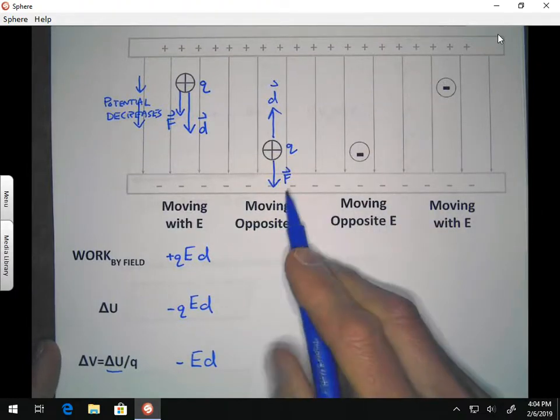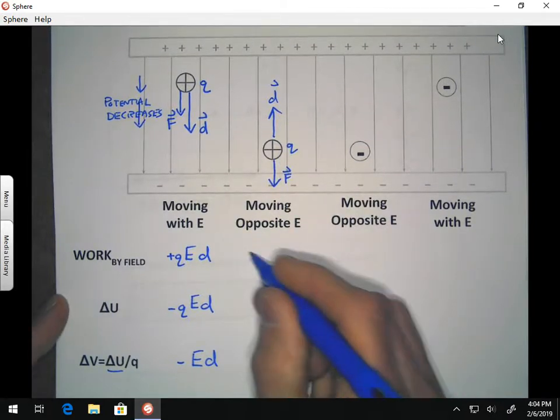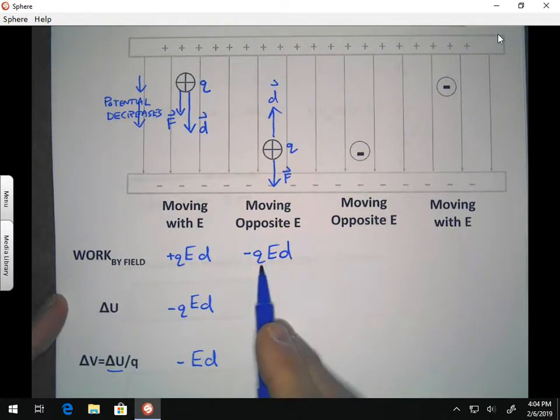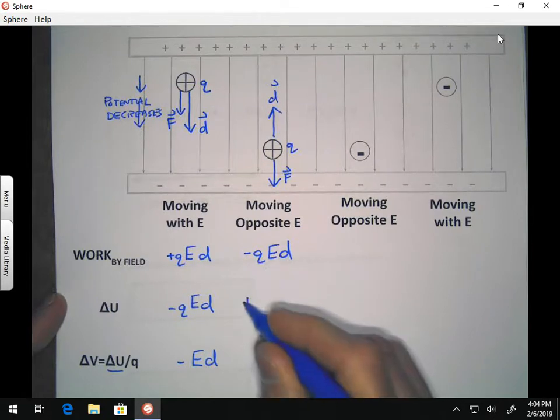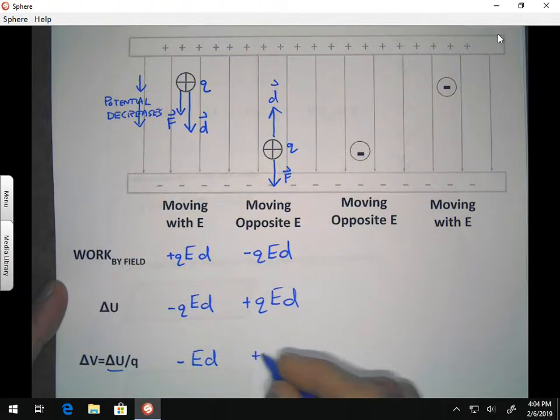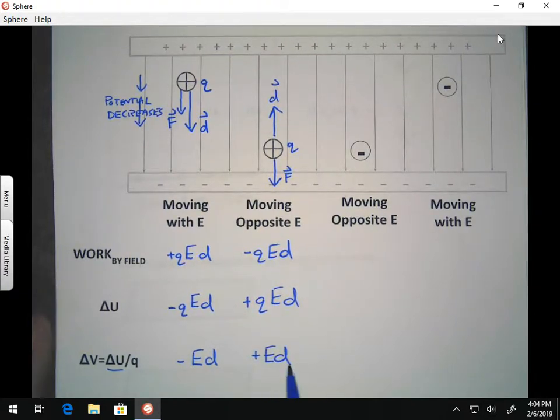So now you have a force one way from the field, and a displacement in the opposite direction. That's a recipe for negative work. It'll be equal to negative Q times E times D. And so this negative work by the field is going to cause an increase in the potential energy, equal to plus QED. And therefore, the electric potential should be a positive change. So when I go from here to here, I would be increasing the electric potential.